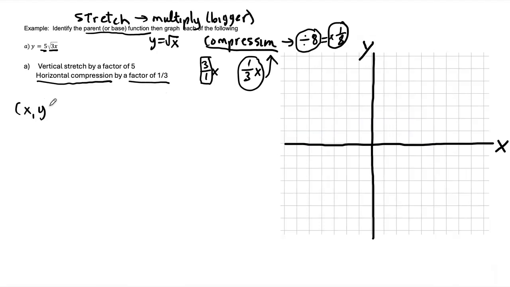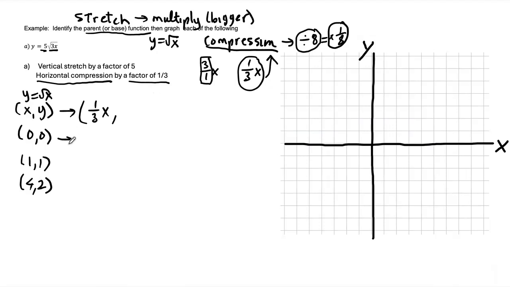Here are the key points on the root x function. If you haven't memorized these, watch my video on the parent functions and make sure you know how to get these. The x values, we said we're going to horizontally compress them by a factor of 1/3, meaning that the x's are multiplied by 1/3.